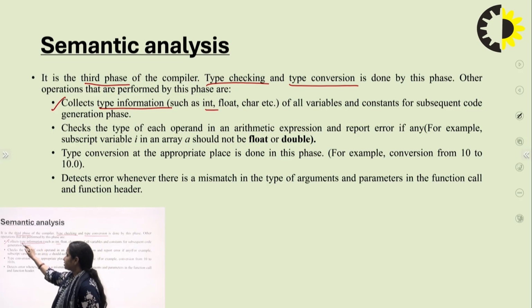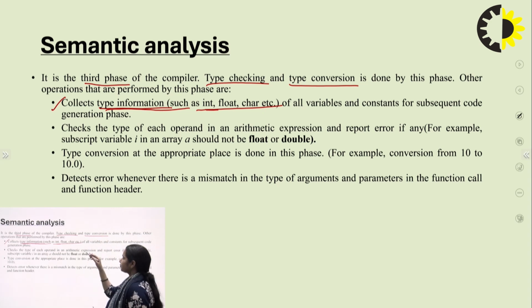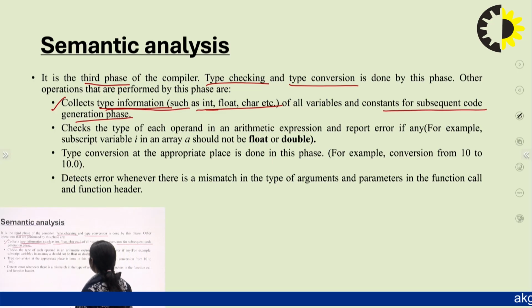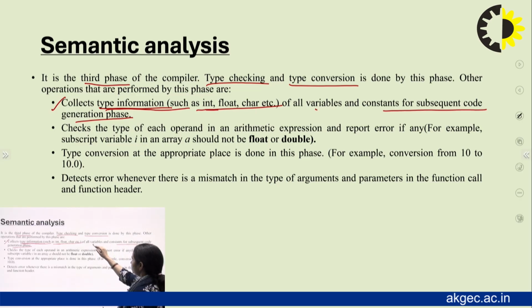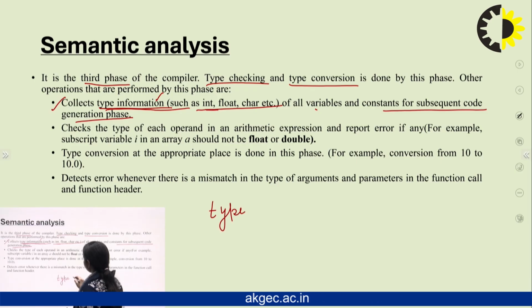So it collects the type information such as int, float, character, double, of all variables and constants for the subsequent code generation phase. You have to make sure that it is collecting the type information.